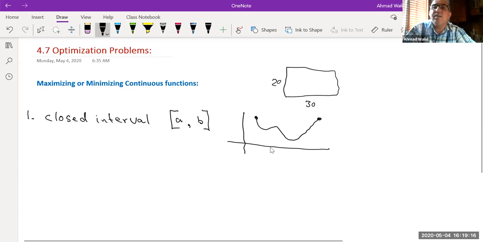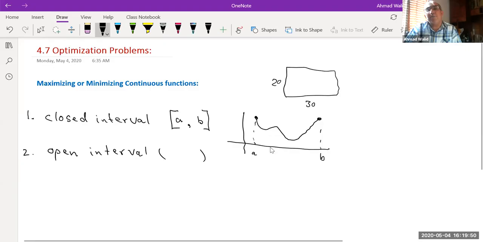For example, this is point A, this is point B. I'm working on a closed interval, which does not continue to infinity, this side or this side, it's closed. And also we will discuss a continuous function on an open interval. When I'm talking about an open interval, I'm not using brackets here, I'm using parentheses. That means I don't have these closed circles here, correct? The function is continuous and I don't know to the end.